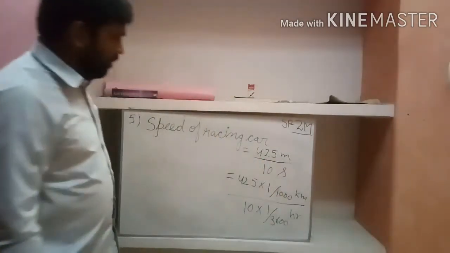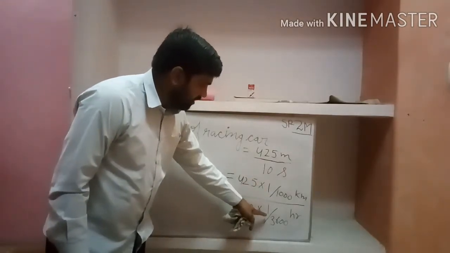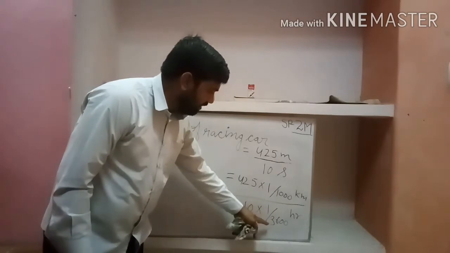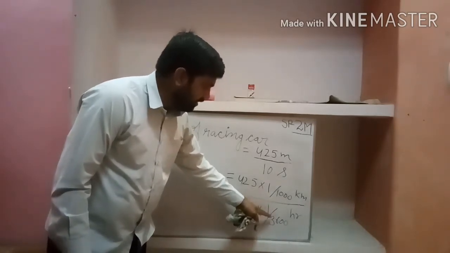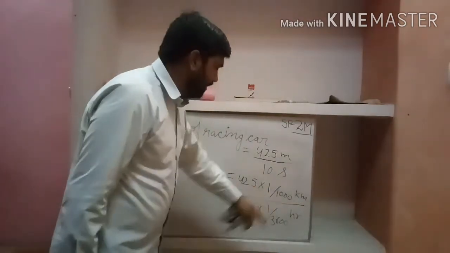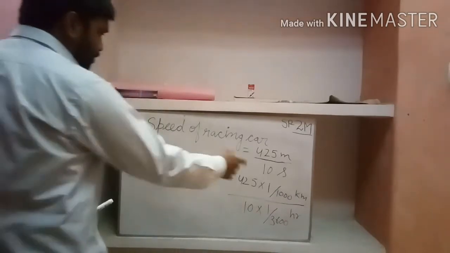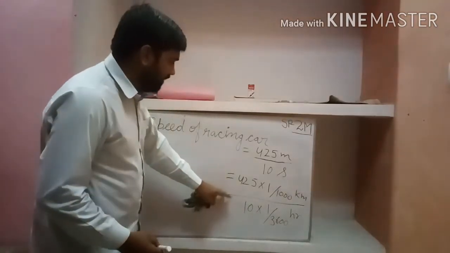Now you see, both are fractions. This is the denominator, 1 by 3600. Now when we convert this division to multiplication, this will go up. So this will become reciprocal and we multiply 3600 by 1. So when you solve it, see what you are going to do. I am solving the next step here.